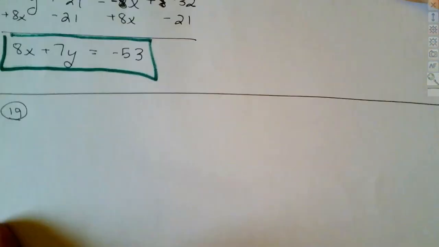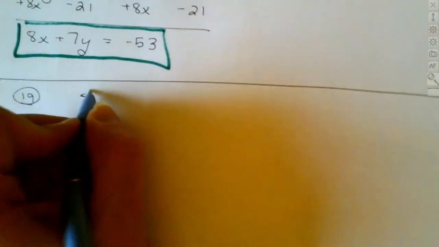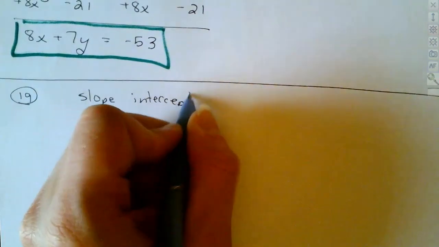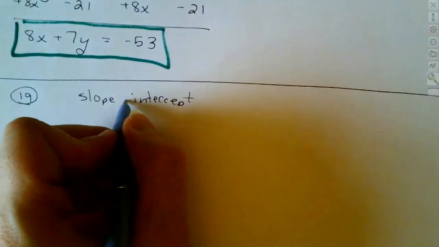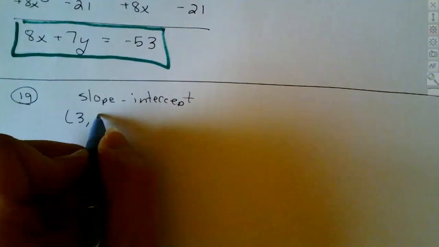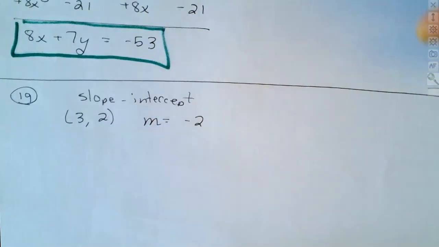Question 19. 19 is actually easier. For 19, we want our answer in slope-intercept form. We have this point, 3, 2, and we've got a slope of negative 2.